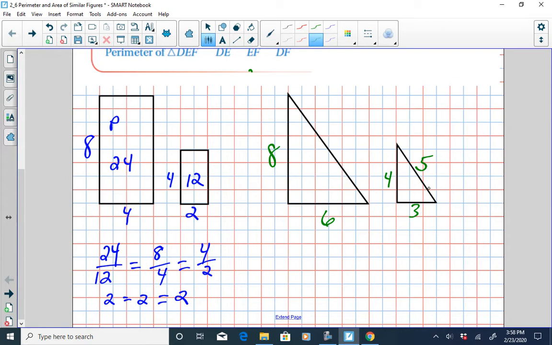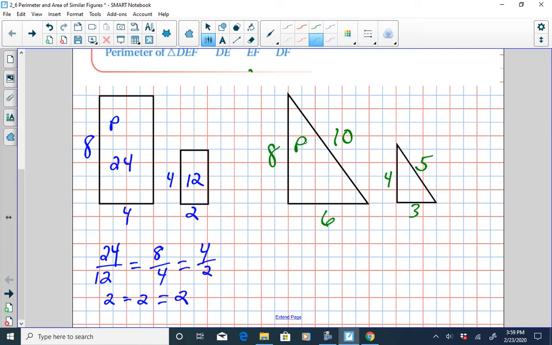Normally we would find that length using the Pythagorean theorem, a squared plus b squared is c squared, but because it's the most recognized right triangle, I know that segment is going to be 5. And because the figures are similar, I know this segment is going to be 10, because that's a 6, 8, 10, which is a 3, 4, 5 triangle times 2.